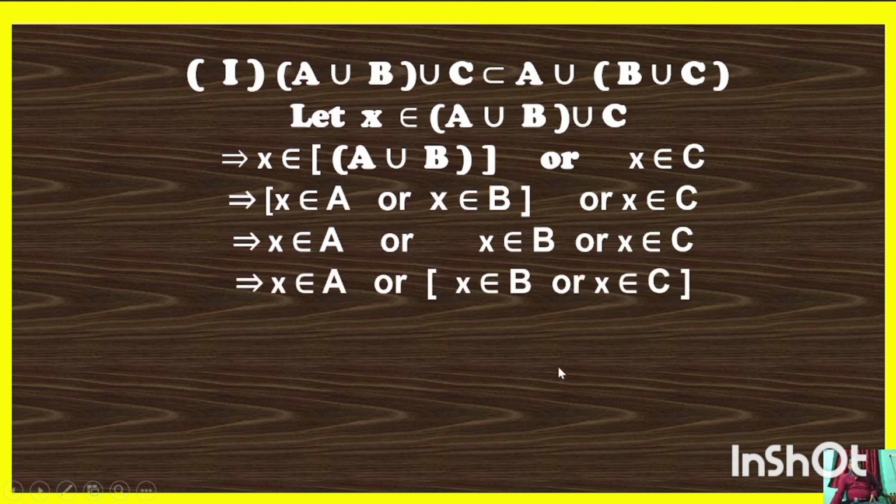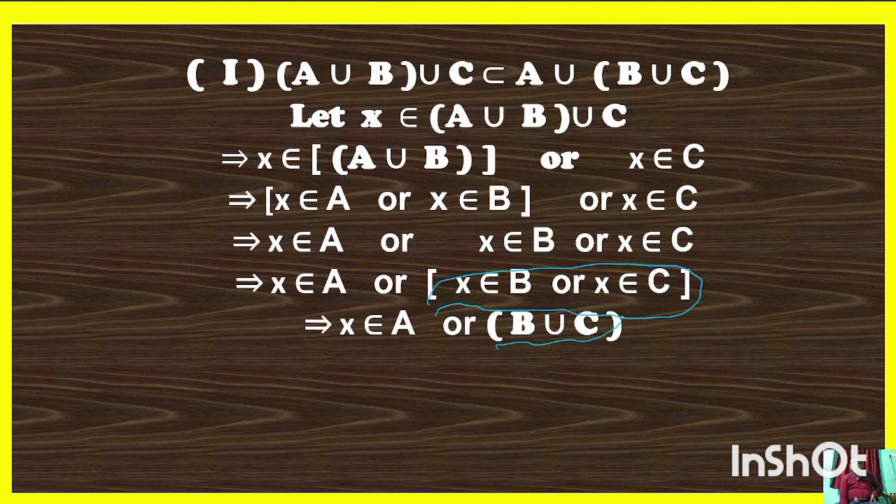Okay, again you see, rearranging, X belongs to A or X belongs to B or X belongs to C. Here we have rearranged this one. After rearranging, we get X belongs to A or X belongs to B union C. It means X belongs to A union (B union C).